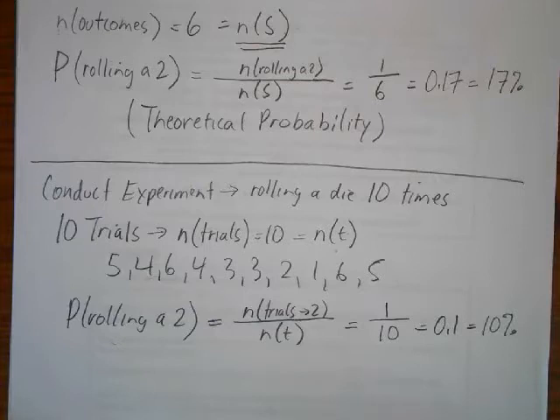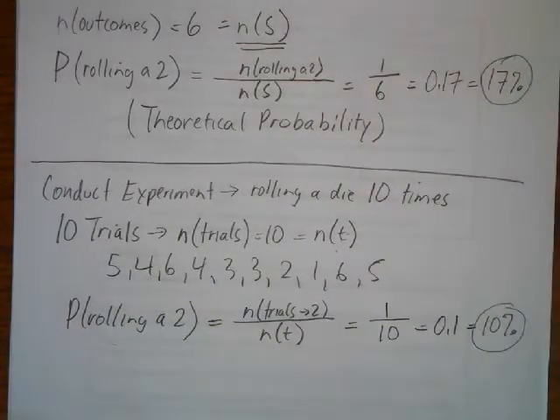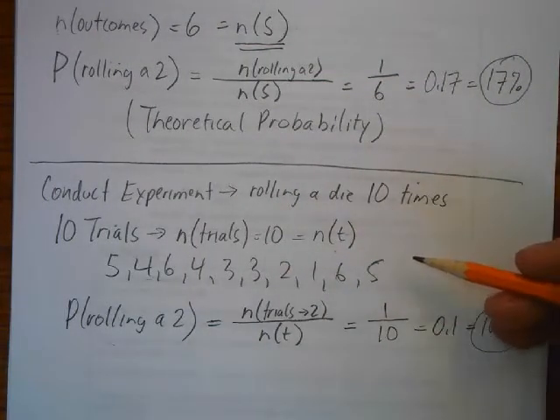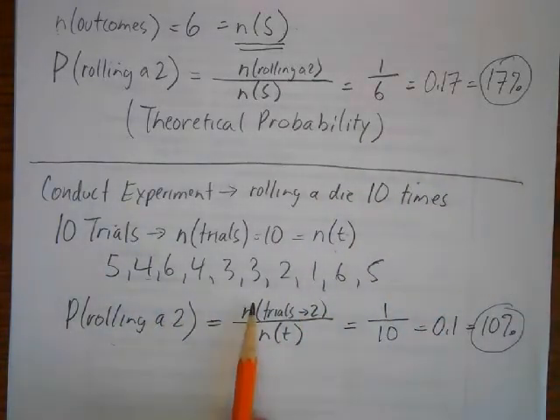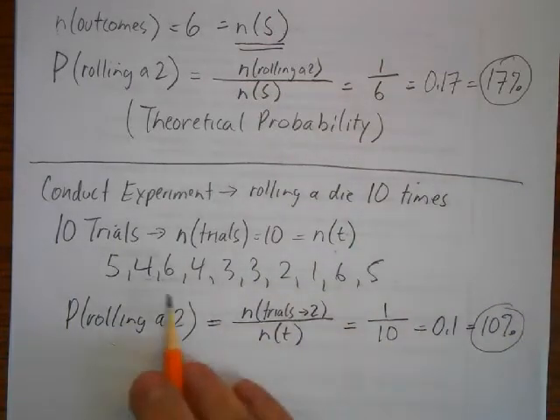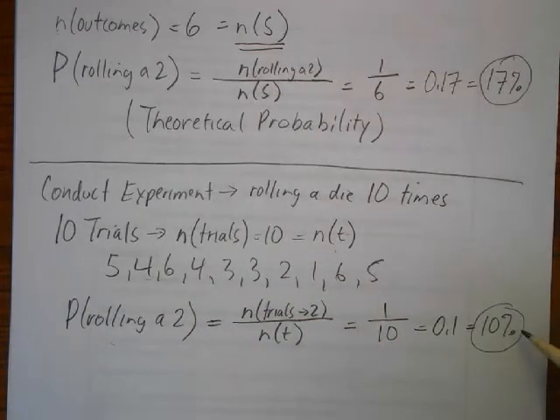Okay, now you can see the results we got, 10% versus 17%. They're not the same. Now what you'll probably see, as long as this die is a fair die, it's equally weighted, and there's an equal chance of getting each of these 6 numbers. Over time, as you conduct more and more trials, if I redid this with 100 trials, I might get something like 16%.